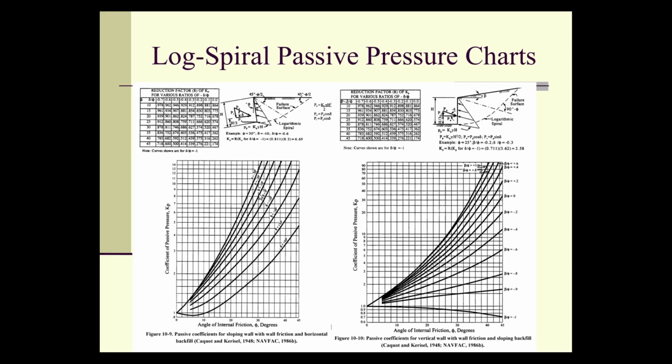That's how you figure that. Then, since delta over phi is equal to minus 0.6, and since phi is equal to 30 degrees, the reduction factor you then apply is 0.811. Here, you multiply it and you get 6.65. And that's how you use these charts.